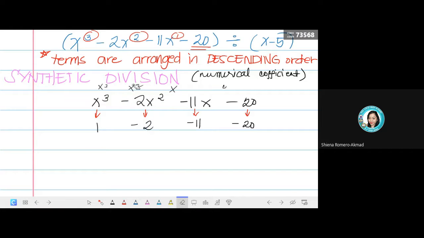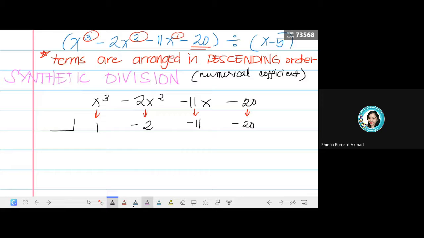So, ang gagawin lang natin is to simply write kung ano yung numerical coefficient niya. In case na walang x squared, walang x cubed, walang variable x, walang constant term, you can replace that with 0. Okay? Then we will divide this dun sa x minus 5.